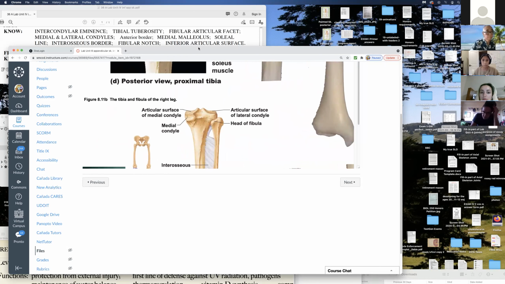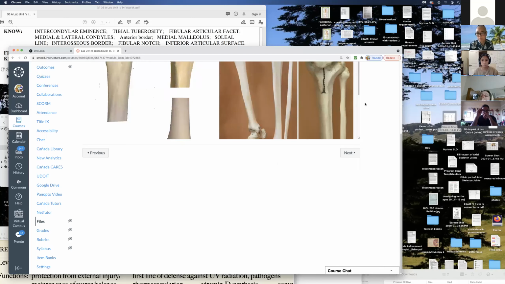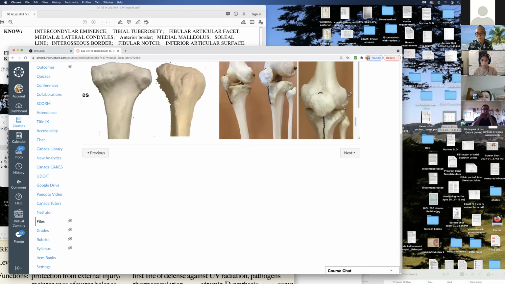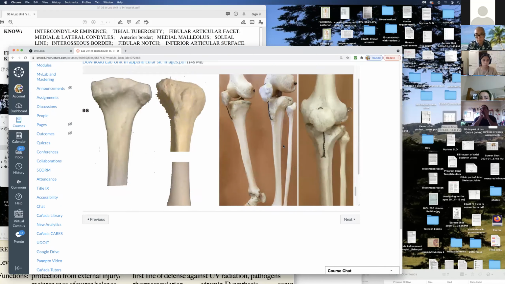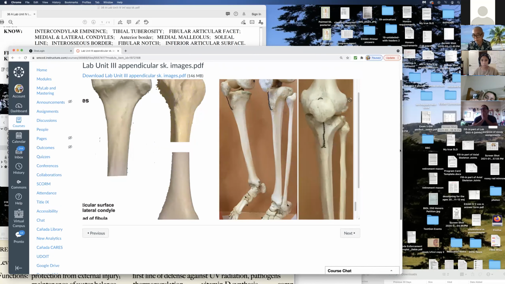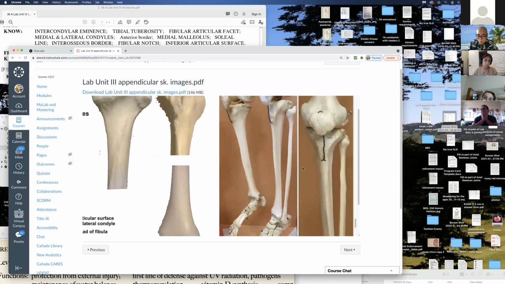Now, the anterior border, it's the part that's going to be continuing down from the tibial tuberosity.